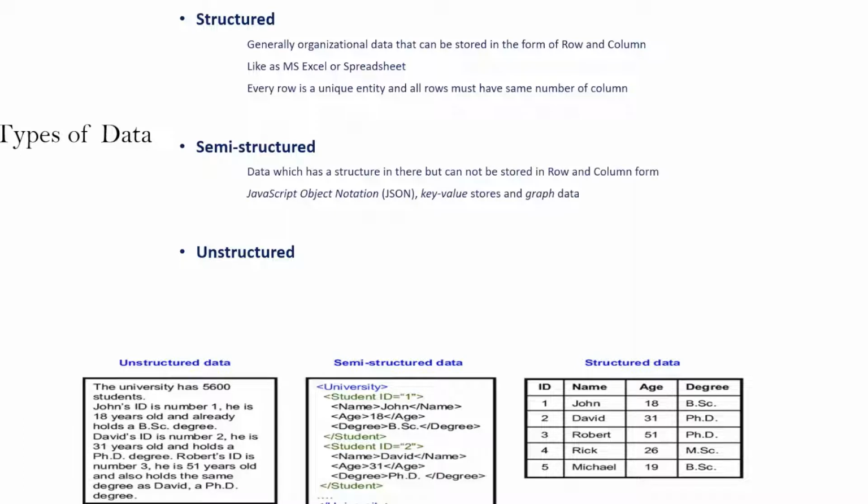JSON is a way, you can see here: student ID 1 has 3 rows, and student ID 2 also has 3 rows. But if some other information is available for student 1, it can be stored here without changing the format of the data. Student 2 can keep only 3 columns, while the columns for student 1 can be increased. This is the basic thing.